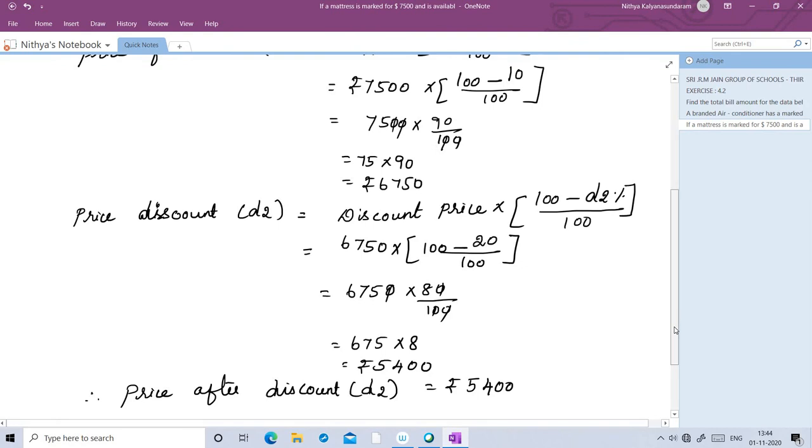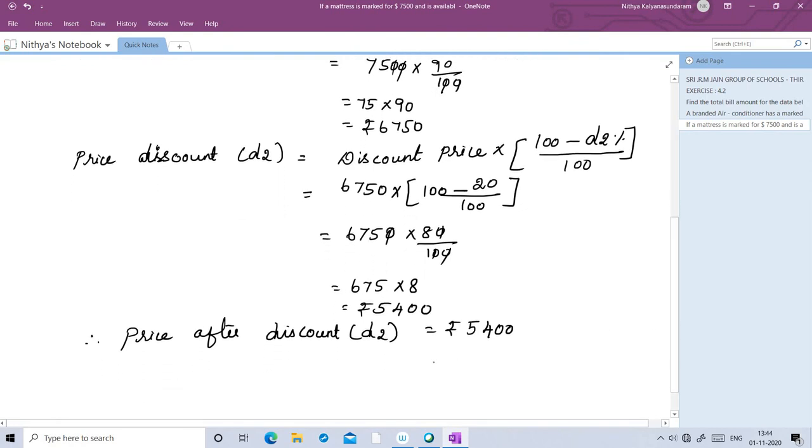Therefore, the amount to be paid by the customer is equal to rupees 5,400.